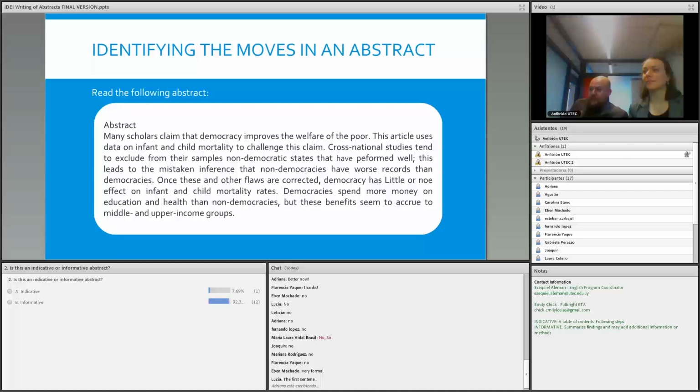Lucia is saying in the first sentence, you're correct. Many scholars claim that democracy improves the welfare of the poor. What the writer is doing here is introducing a typical assumption people have. And there's another one.